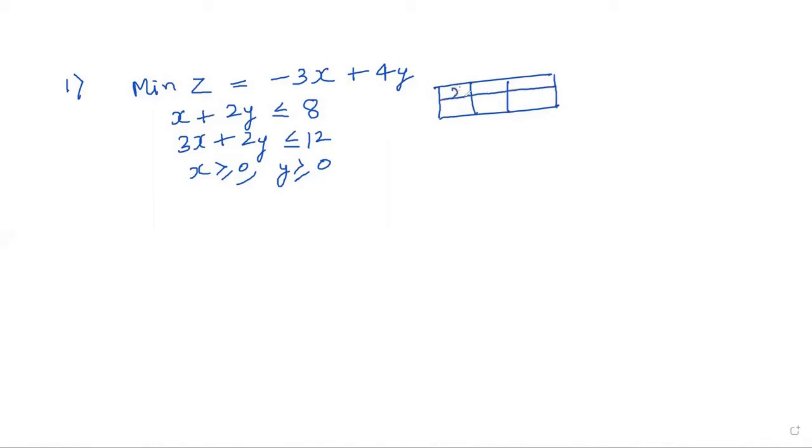For the first one, let us take 8 comma 0, and the other one 0 comma 4. Similarly for the second one, let us take 2 points which satisfy it, any two random points. For example, 4 comma 0 and 2 comma 3. You can check that these are satisfying.